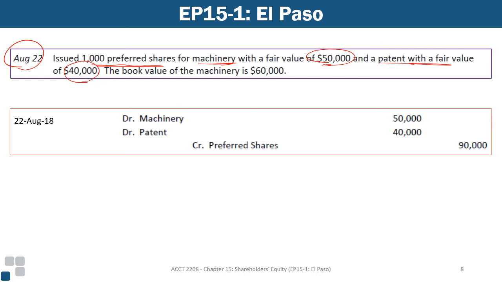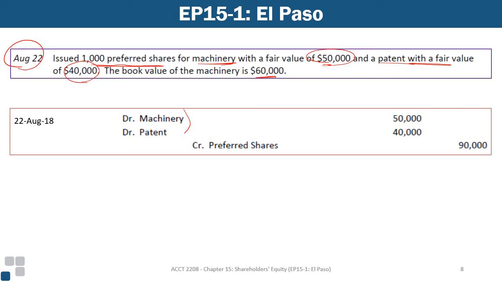What we do here is they give you the book value of the machinery, but that's actually irrelevant. So we base these transactions on whichever of the two elements here, we have assets and we have shares, whichever of the two is determined to be more reasonably determinable or more accurate.